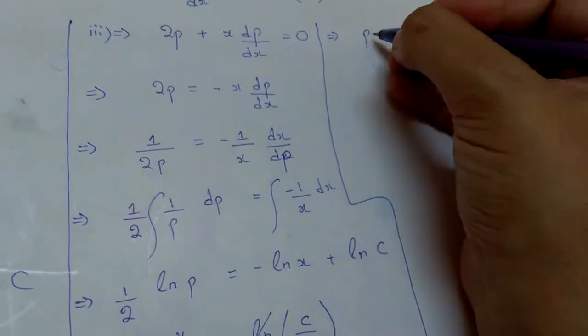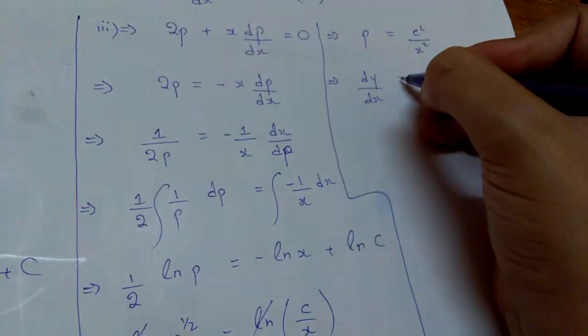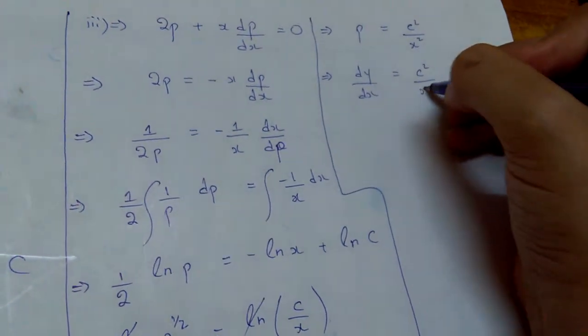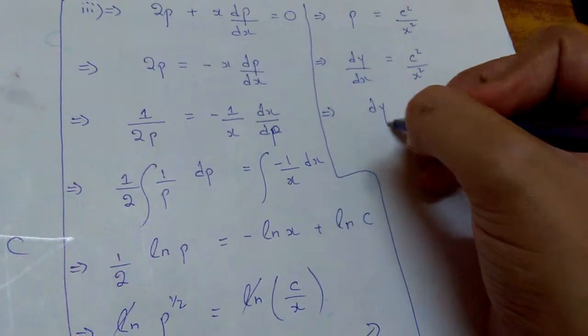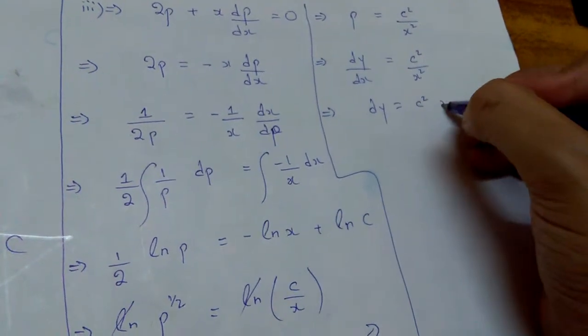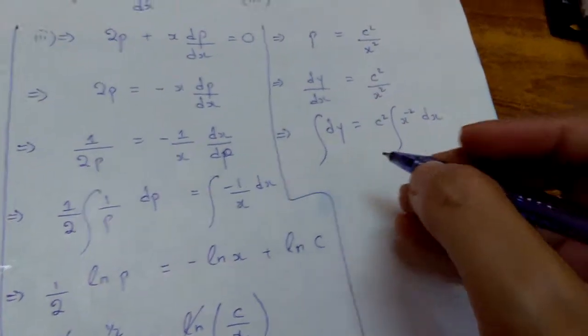Okay, now this is dy by dx. This is now dy by dx. Now again, apply method of separating variables. So dy is equals to c square x minus 2 dx. You apply the integral once again.